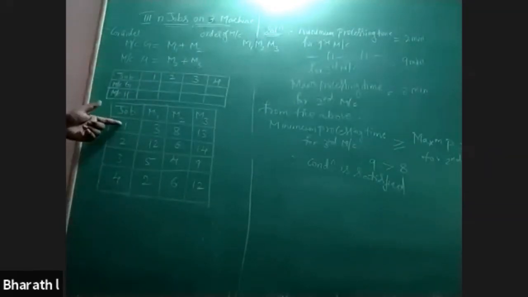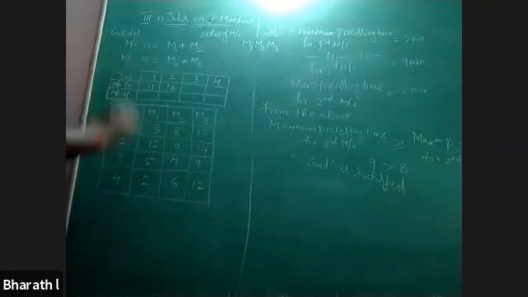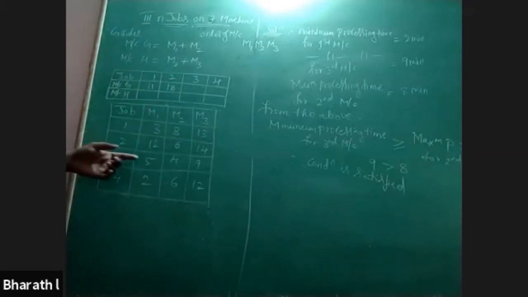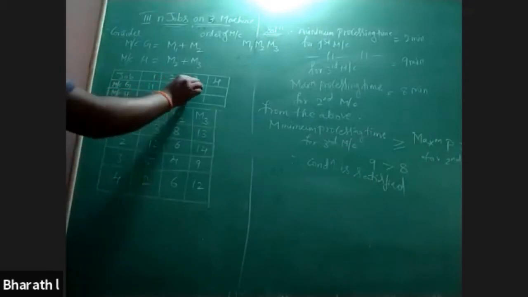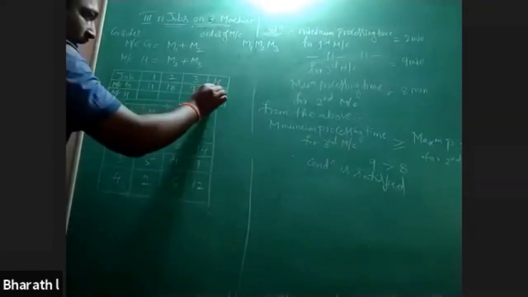For job 1, 3 plus 8 is 11. For job 2, 12 plus 6 is 18. For job 3, 5 plus 4 is 9. For job 4, 2 plus 6 is 8.